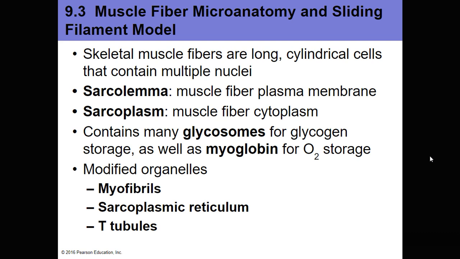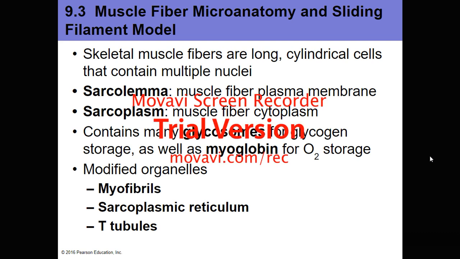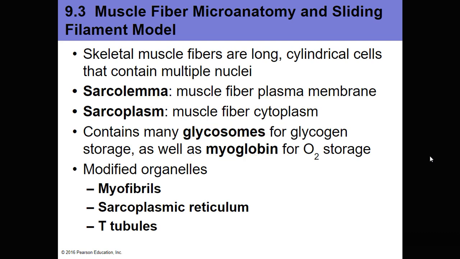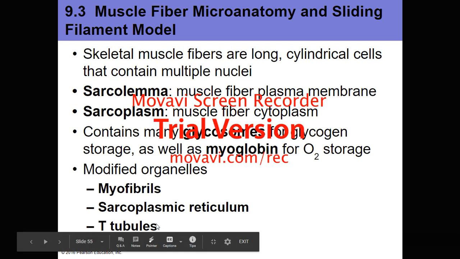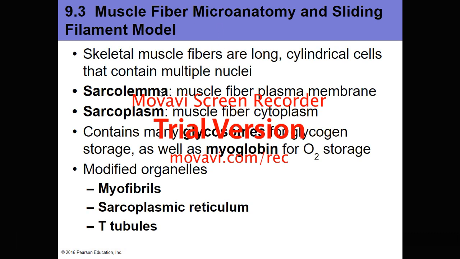And then you have the sarcoplasmic reticulum, which is just a type of smooth endoplasmic reticulum, and it stores calcium. And then you have T tubules, which are an extension of the muscle plasma membrane, the sarcolemma.